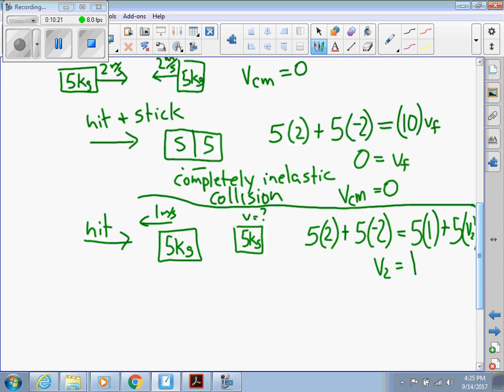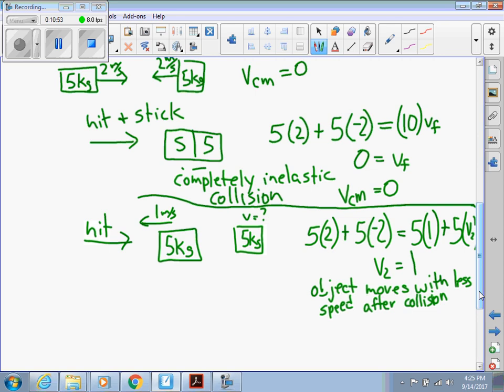And so in this case, we have a situation where the object moves with less speed after the collision. Okay, so it has less speed after the collision with respect to the center of mass than it does before.